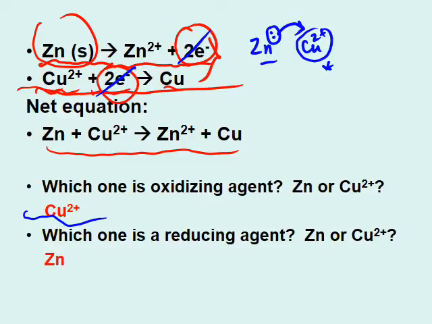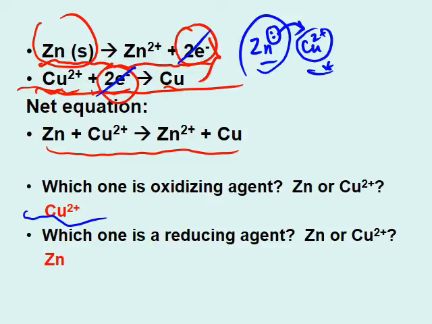In a reverse manner, I can ask this question: who is helping copper 2 plus in receiving electrons? If zinc was not there, there'd be no receiving of electrons by copper. So who is really helping in this reaction? Zinc, by throwing its electron pairs or losing electron pairs to copper, is really helping copper to gain those electrons.